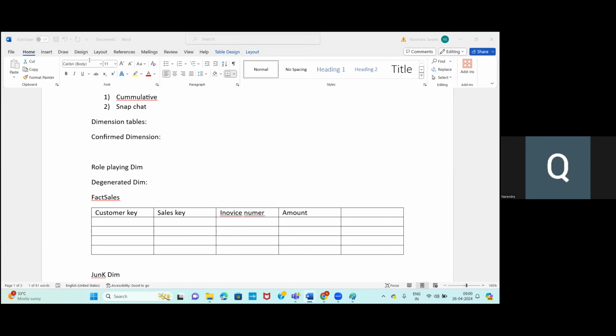Can we derive anything here with the invoice number? Suppose we have a transaction date key or order date key.